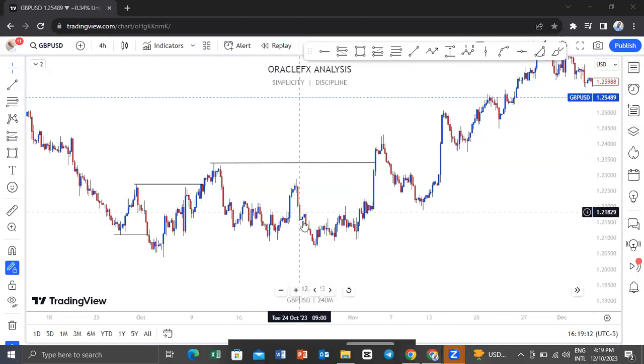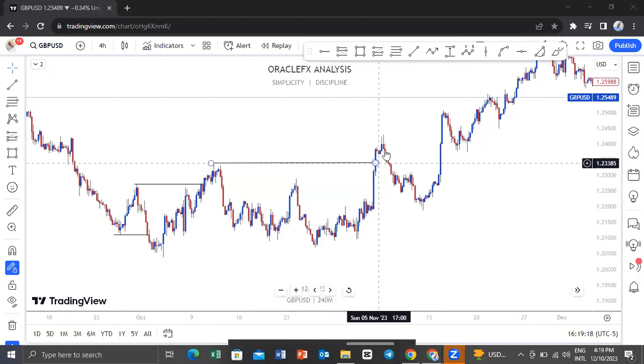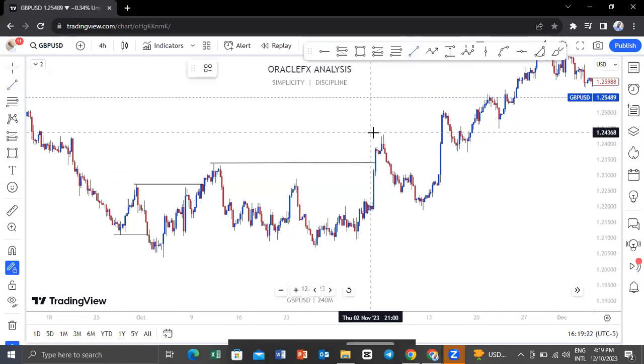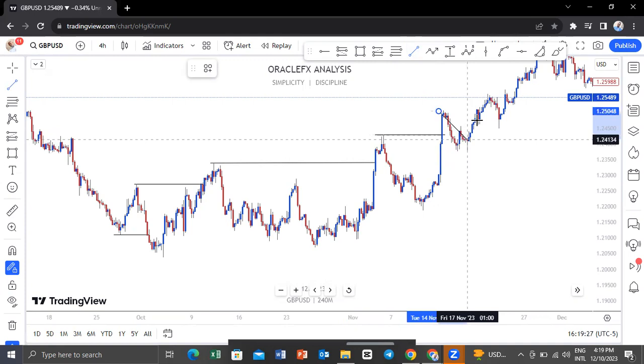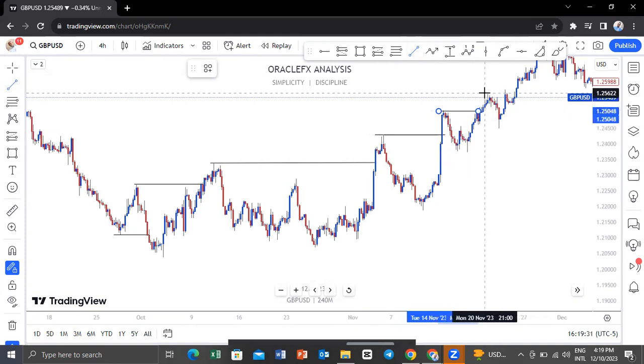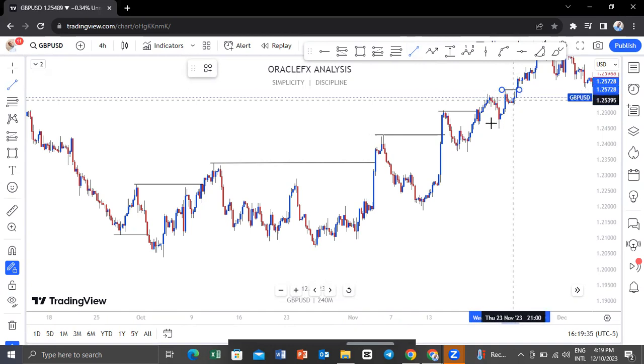So as I was saying, everything that happened inside of here is just internal liquidity. And this was when price finally broke the highs, and you can see the story continues. Price continues to break highs because when the high was broken.